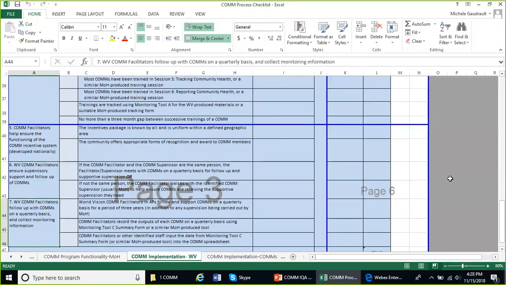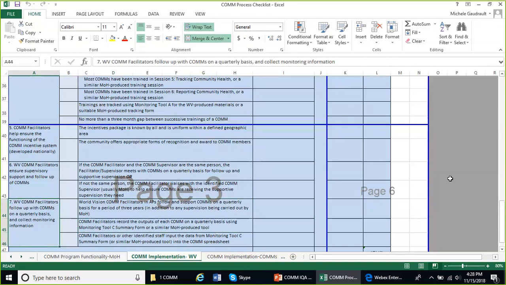And that our DFs follow up themselves with the COMMs, regardless of if the MOH supervisors are following up, the World Vision DFs should also be following up, and collecting the monitoring information that we're collecting for the COMM program.